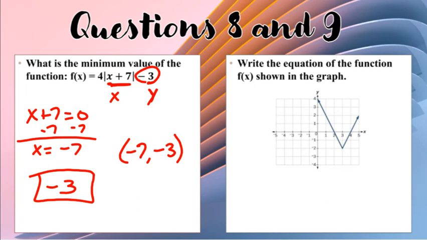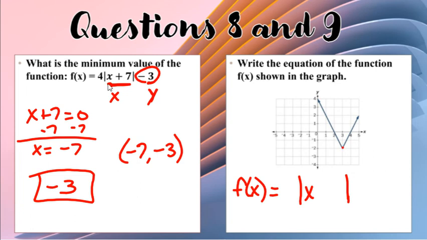Question 9, the equation of the function f of x is shown in the graph. So we need to write the function here, so we're going to label this as f of x. This is v-shaped, so I know that I'm going to have an absolute value in my equation. The first thing I would do is put my x inside here, and then we need to identify our vertex.